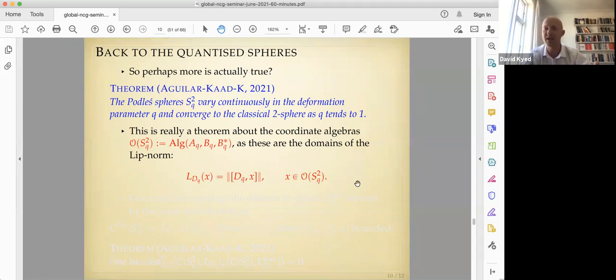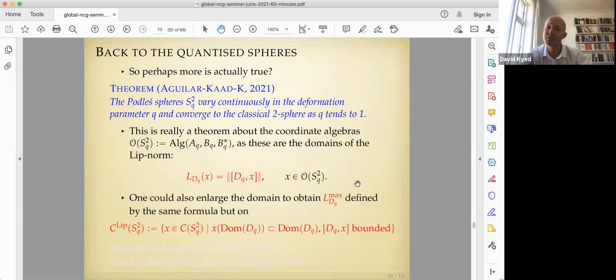So when you look at the paper, you will see that this is really a Hopf algebraic theorem. And you might object to this because you might be an analysis person or a geometry person and not an algebra person, and say, but David, the right domain of the Lip norm is of course the maximal domain, right?